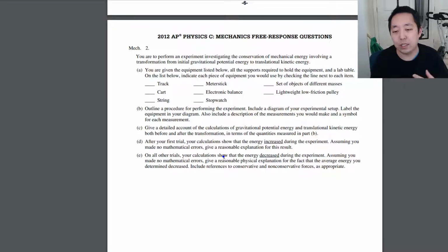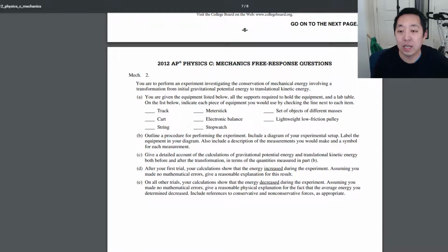So the key part is you're going to use some equations, but it's going to be less numerical problem solving. It's going to be more demonstrating your knowledge of how to set up the experiment and how to do the experiment. And so that's, good or bad, just the format, and that's the way the exam needs to be this year. It's going to be less analytical than it had been in previous exams.